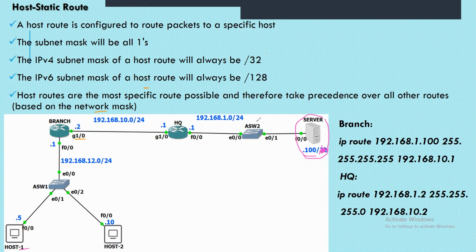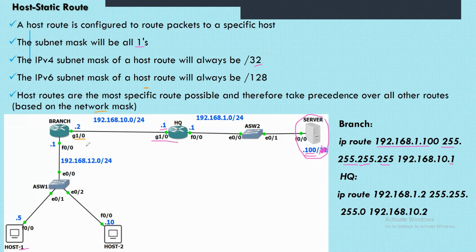Okay, for this, we have to configure on our branch router: ip route 192.168.1.100. We have to specify the subnet mask, which should be all ones or /32. And to access this host, our next hop will be 192.168.10.1.